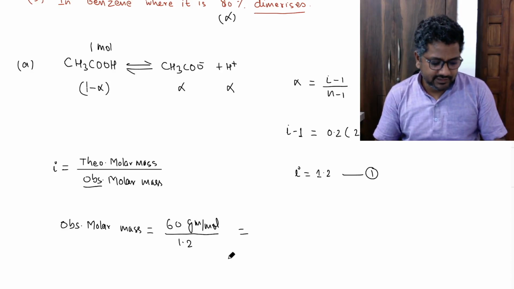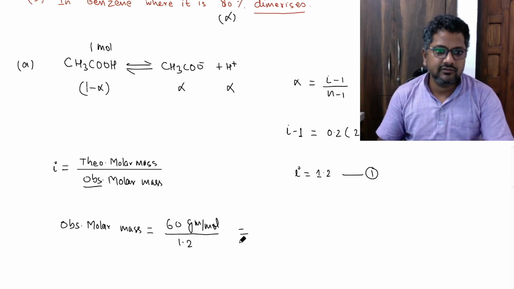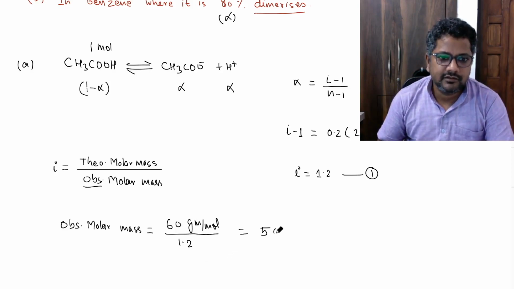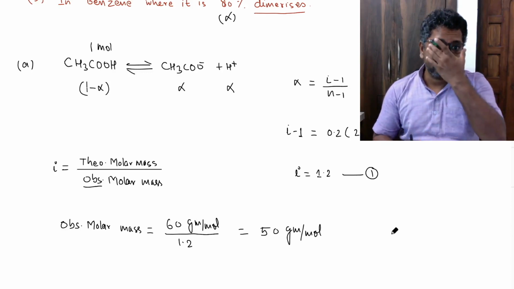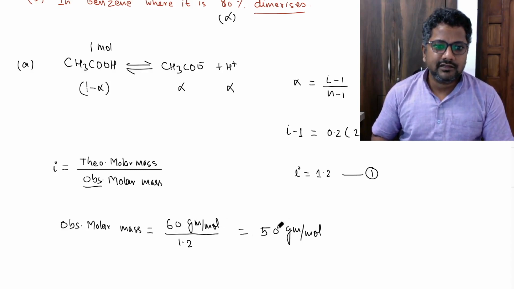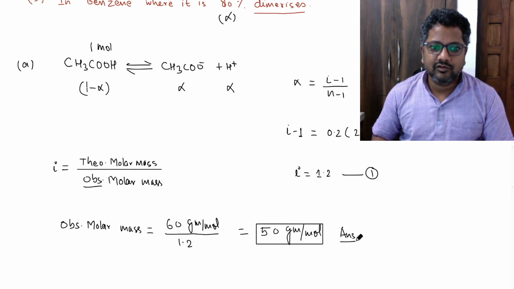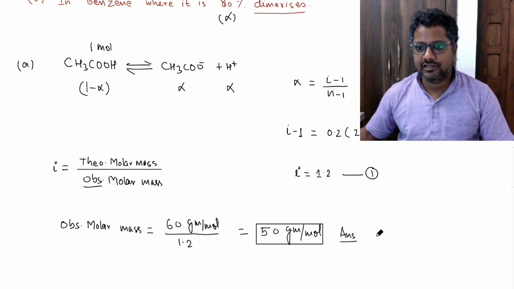So 60 divided by 1.2. So this is equal to 50 grams per mole. So if you determine the molar mass of acetic acid in aqueous medium where it is 20% dissociated, you will get this 50 grams per mole. Means the observed molar mass is less than the theoretical molar mass, right? 50 grams per mole, this is the result.